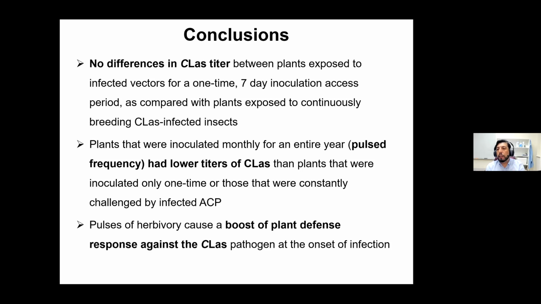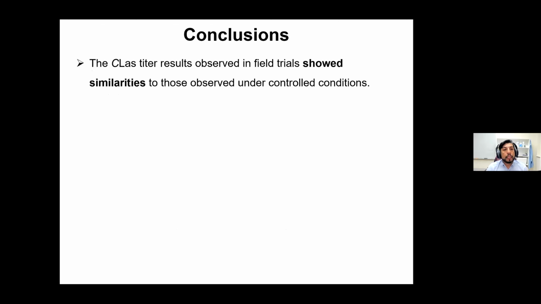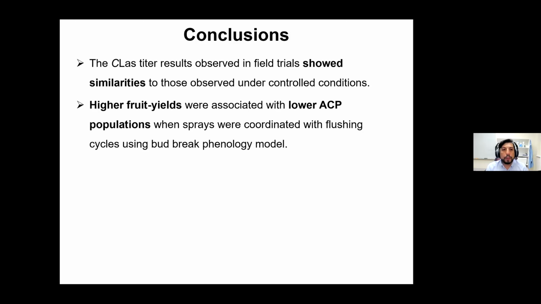In the second part of this study, those plants show the same titer. The silas titer results observed in the field trial show similarities to those observed in the lab and in the growth chambers. I didn't have time to show a paper that I have on the temporal dynamics of silas, but the probability of finding silas on mature leaves was associated with moments in which the plants were showing vegetative growth.